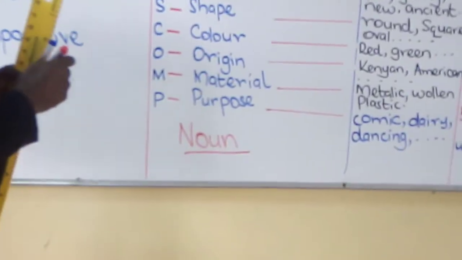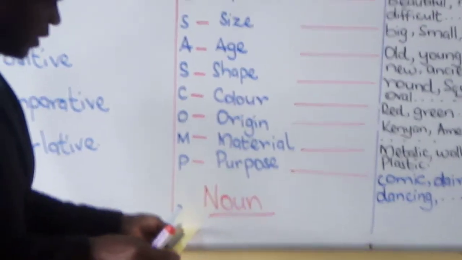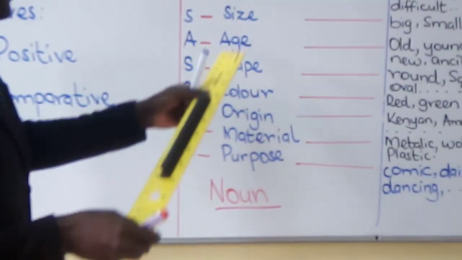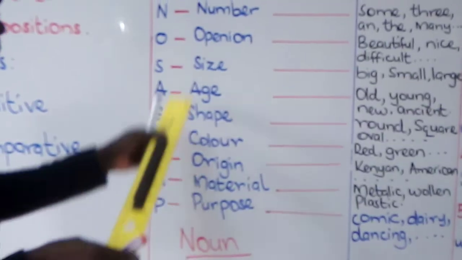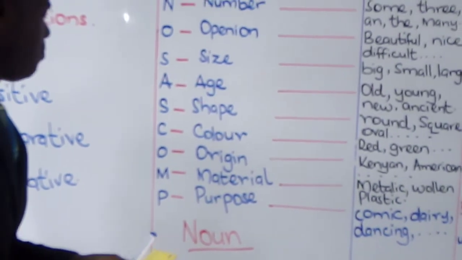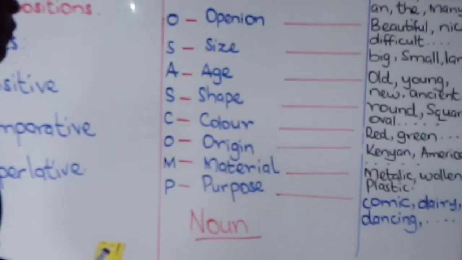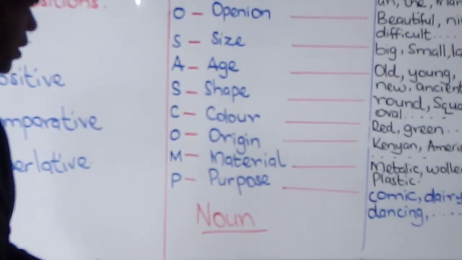That means an adjective must be placed before the noun. And so you arrange, if you have as many adjectives as this list says, you arrange them in the right order, and then you can introduce the noun thereafter. I hope you have understood that order.